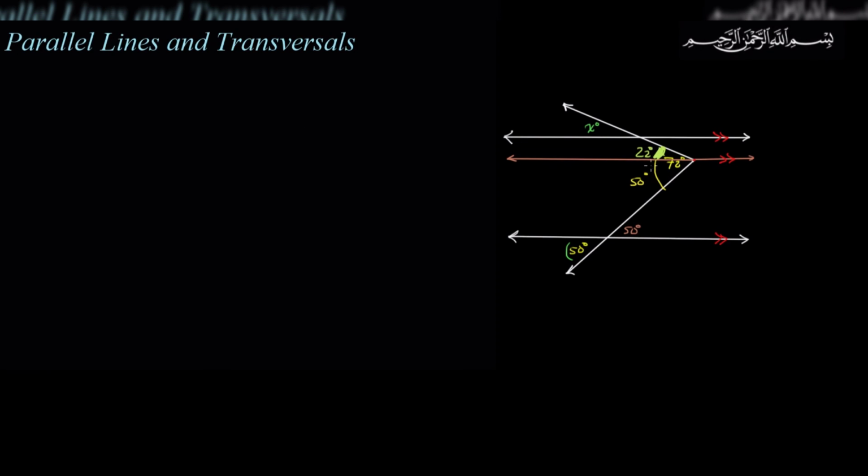And that 22 degrees right here, if you look at this white parallel line, and then you look at this brown parallel line, and then you have this other white line going like this, that's the green 22 degrees over here.